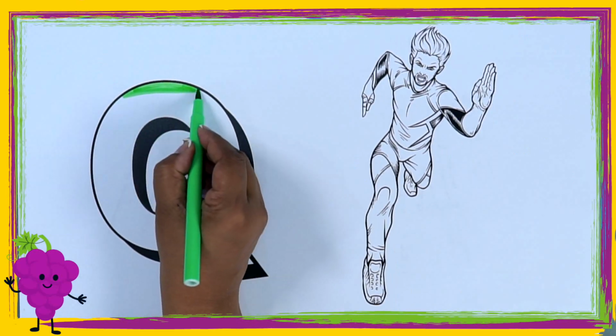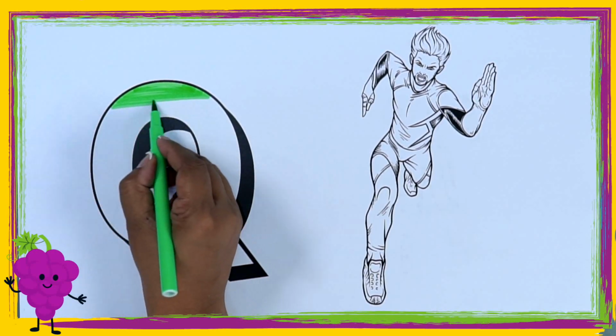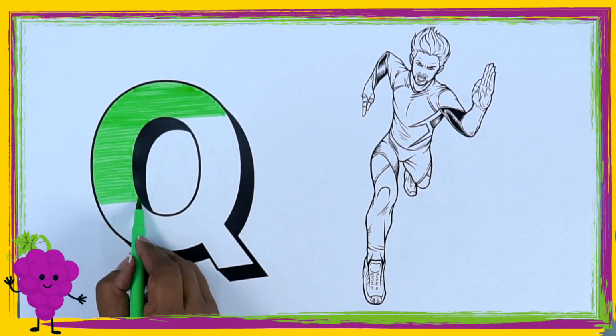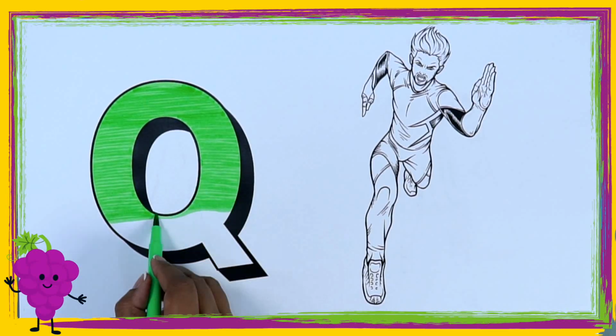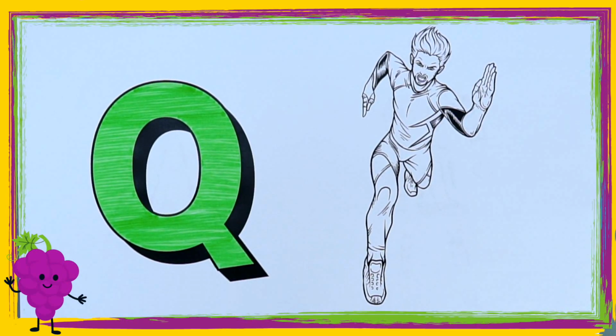Let's color the alphabet Q and learn what mutant comes from it. Q. Let's color the mutant.